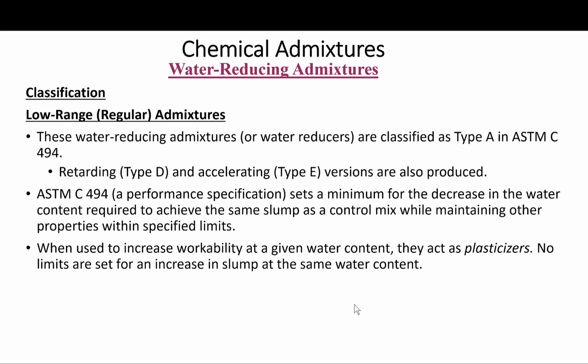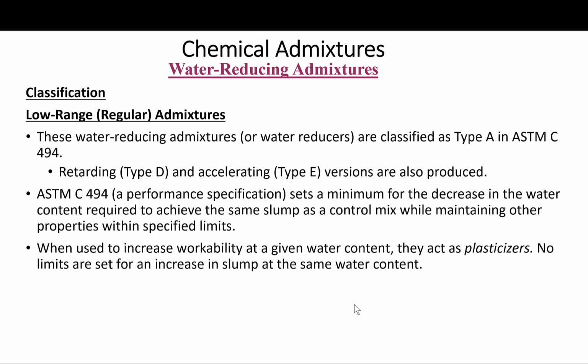Okay, so let's first look at the low range or regular admixtures. These water reducing admixtures, or water reducers in general, are classified as Type A in ASTM C494. The retarding type is classified under Type D of the same ASTM, and the accelerating under Type E. And if you remember, we said before, some water reducers can also be retarders or accelerators.